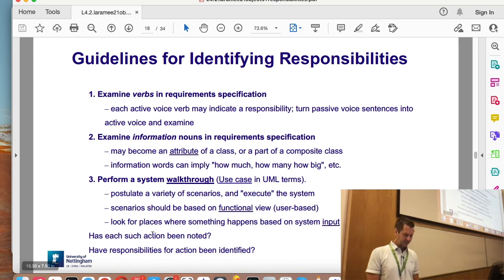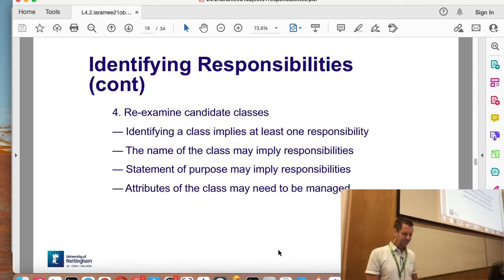Has each action been noted, and have responsibilities from each action been identified? And then we have to re-examine our candidate classes that we identified from the identifying candidate objects guidelines, which you've already forgotten, but it's okay.